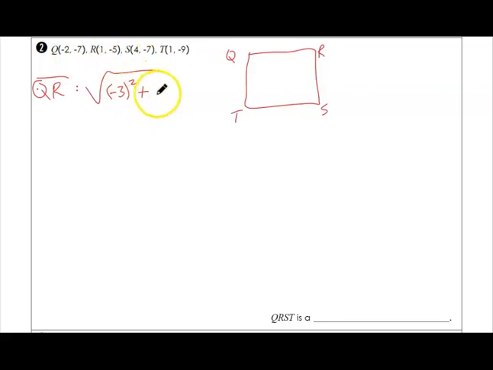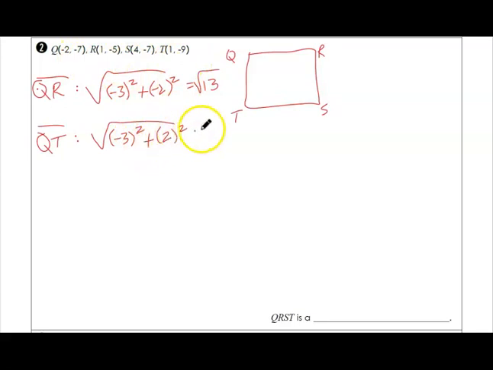And -7 plus 5 is -2 squared. So that's 9 plus 4, so that's the square root of 13. All right, and TS has to be the same. So let's jump to QT. So for QT, -2 minus 1, -3 squared. And -7 plus 9 is 2 squared.